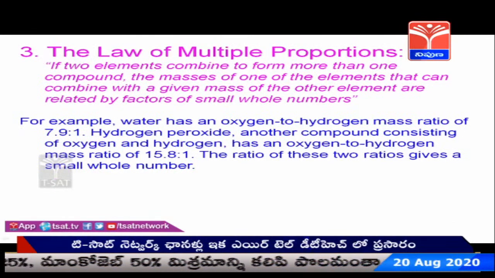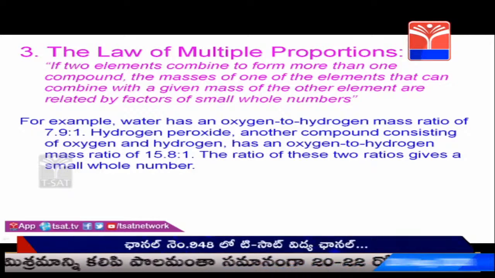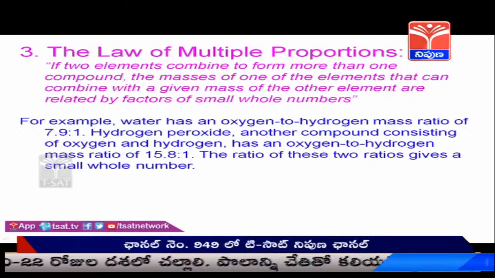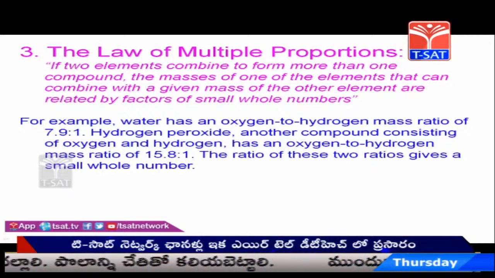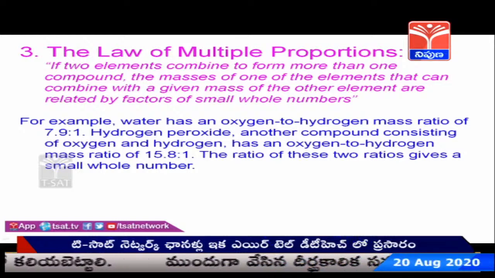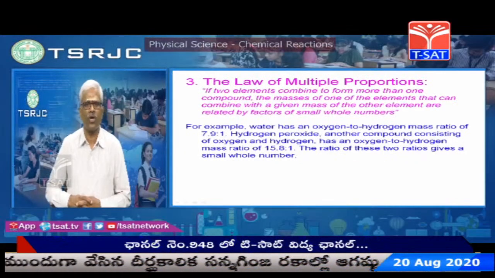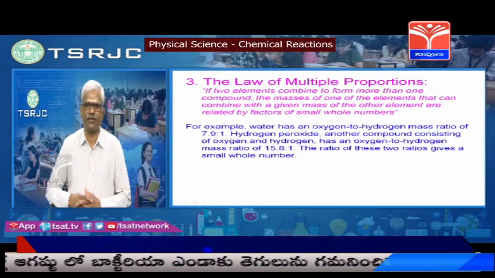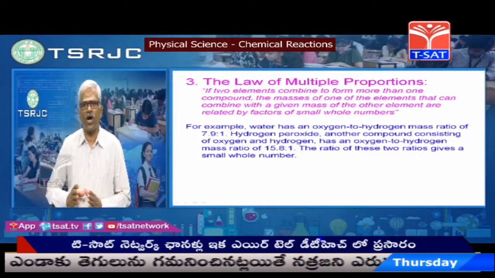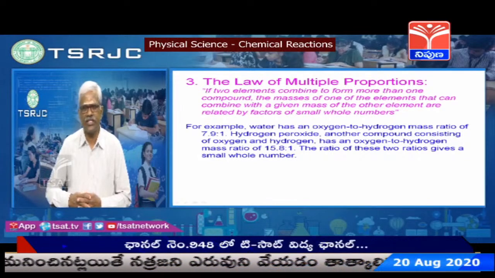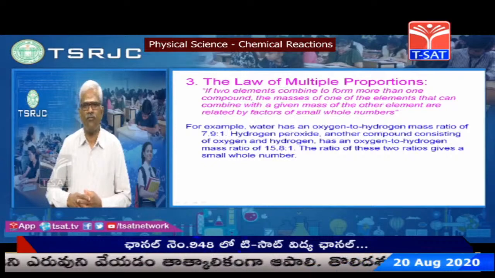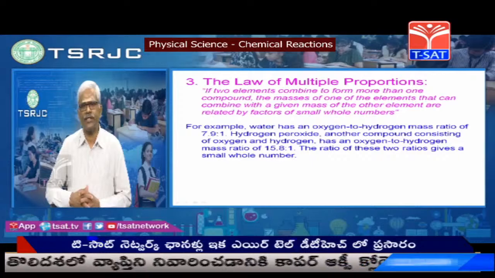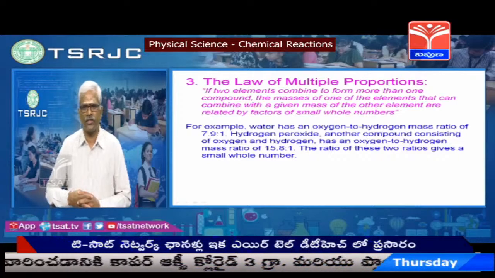Another law: the law of multiple proportions. If two elements combine to form more than one compound, for example, carbon reacts with oxygen to form carbon dioxide and also carbon monoxide. If the ratio of oxygen and carbon changes, we will get different varieties of compounds, namely carbon dioxide or carbon monoxide.